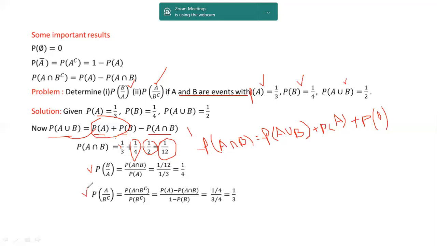Next one is probability of A over B complement. Using the conditional law, it is probability of A intersection B complement by probability of B complement. Here are some important results.